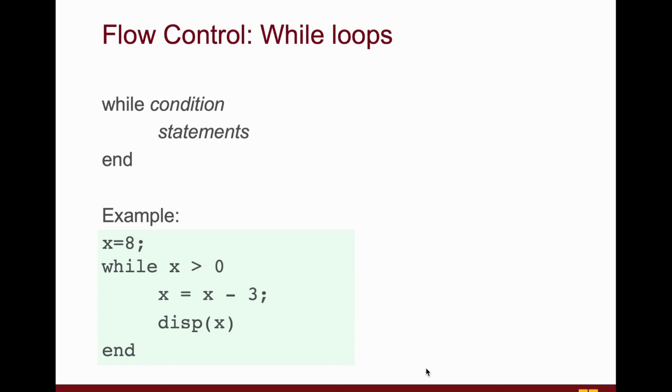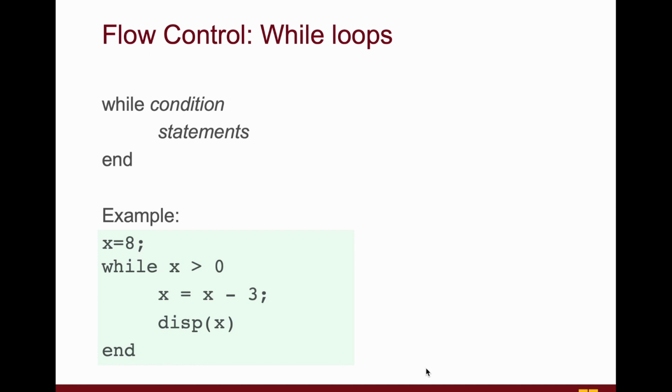Now some examples of the while loops. Revisit the while loop structure: while condition. If the condition is met, then the statements will be executed until the condition is no longer met. Then we can end the while loop.